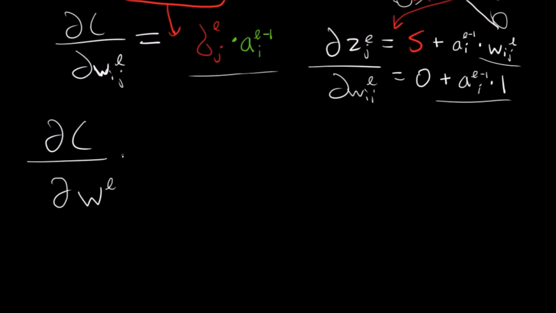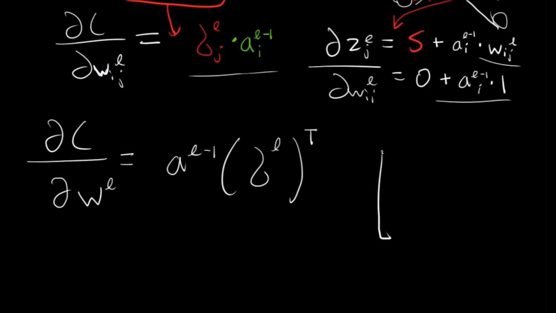This is going to be a^(L-1) times the transpose of delta^L. Now let's look at why this is true. If we do this right, we should get the correct dimensions for the weight matrix.